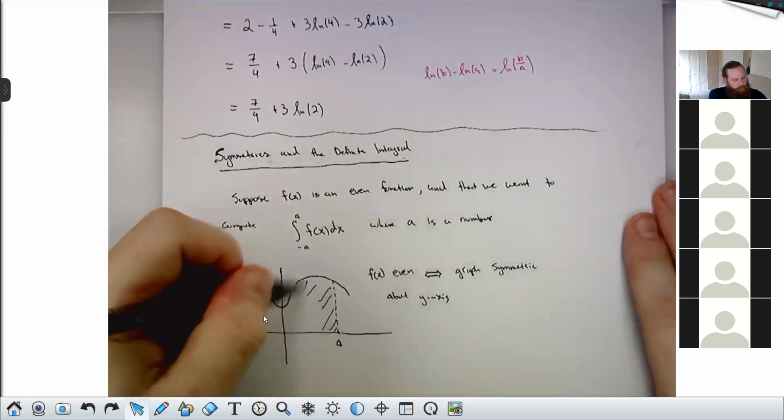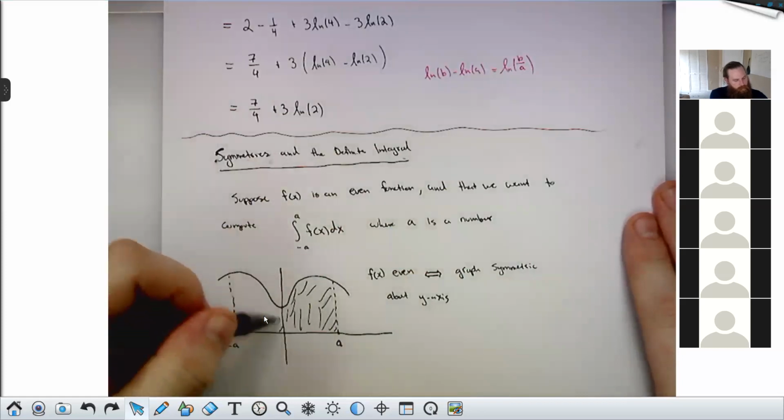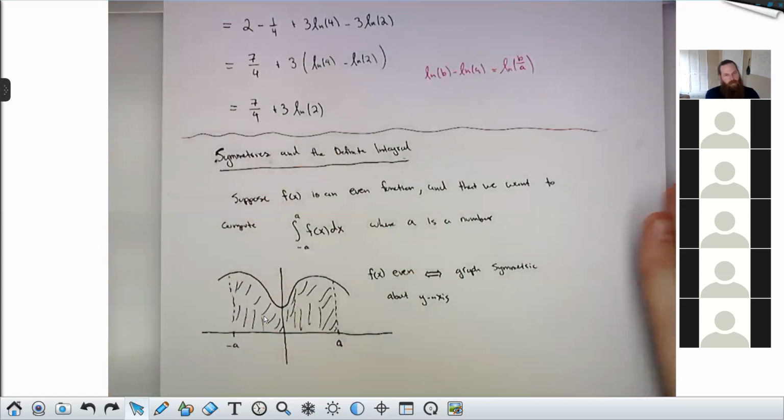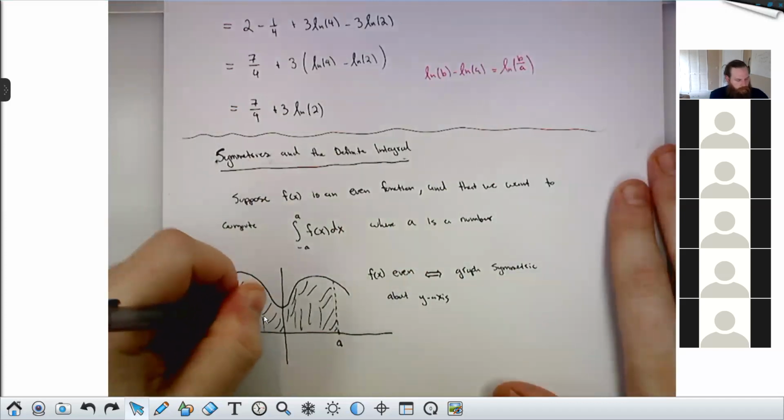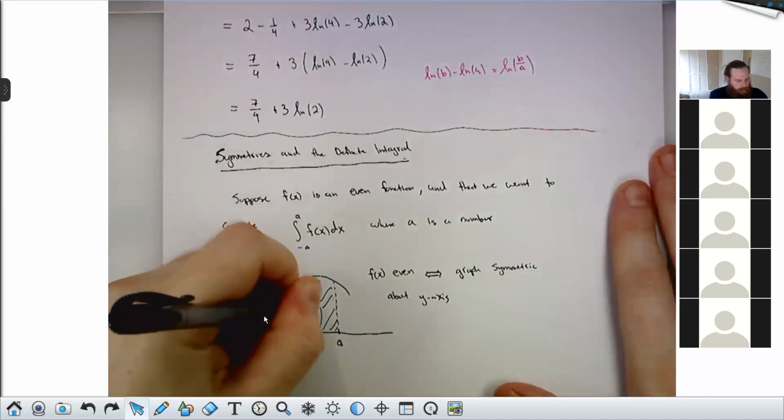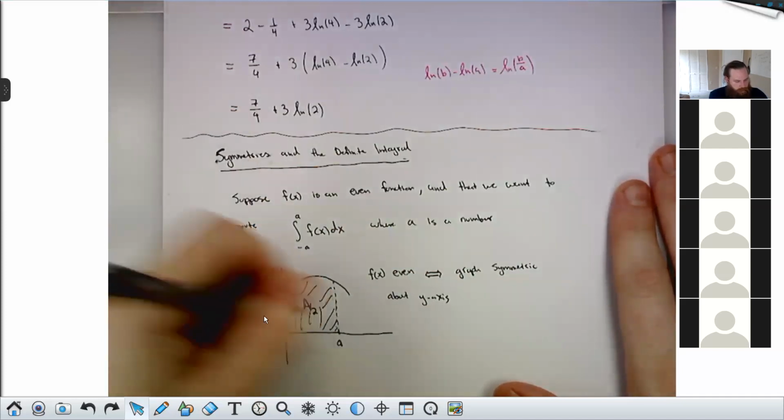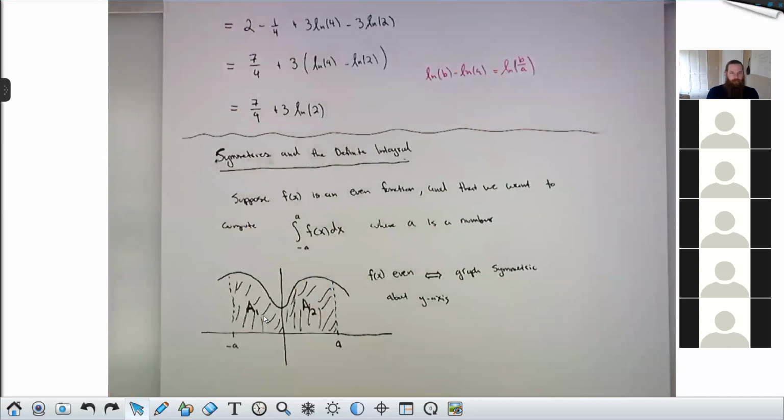So what can you tell me about this area as it relates to this area? What can you tell me about the relationship between A1 and A2? Yeah, they've got to be the same.